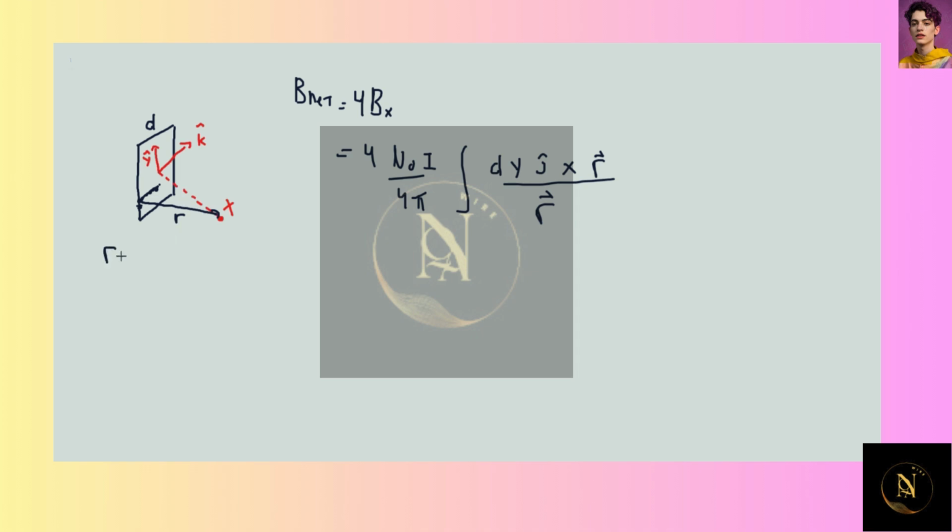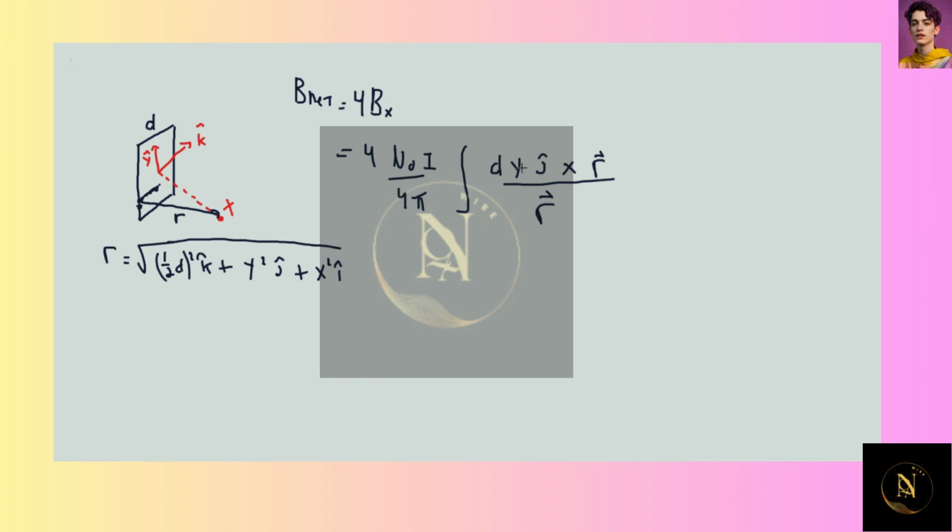So our total r will just be our distance in the k direction, that's always 1/2 d, squared, in the k hat direction. And then we have just however far we are in the y direction, and then however far we are in the x direction. So that'll be our total r.